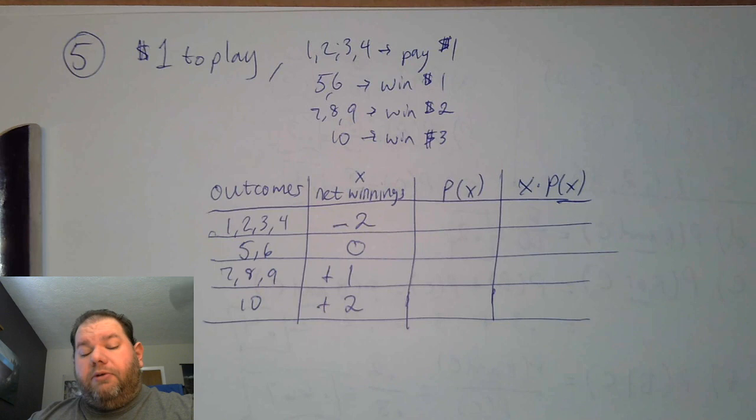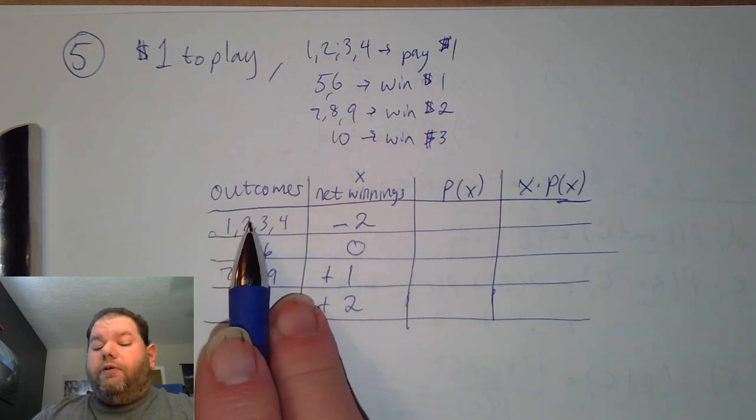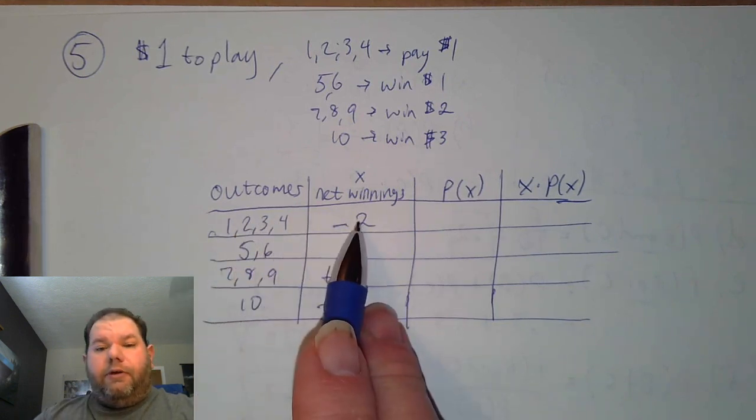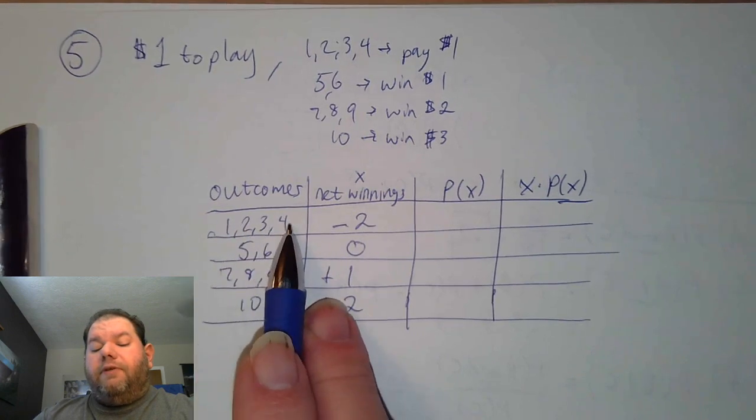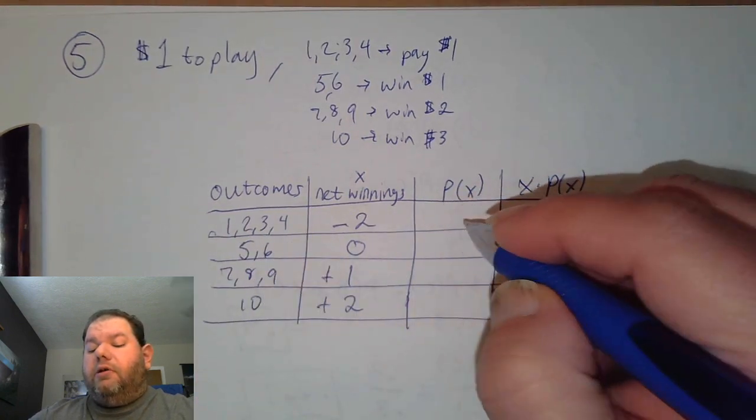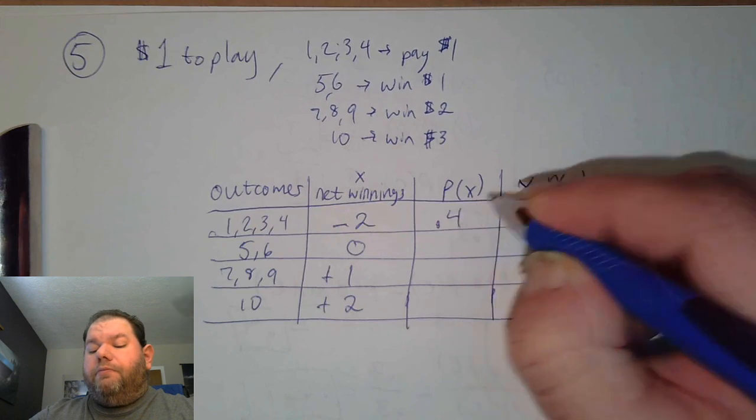So for our probability, there's 4 outcomes here where we could lose $2, and that's 4 out of 10 outcomes. So that'll be 0.4.